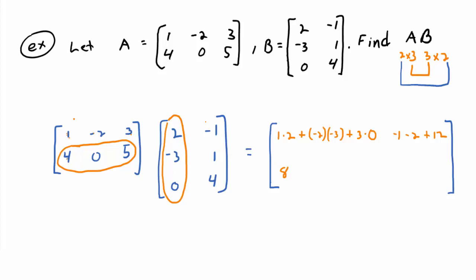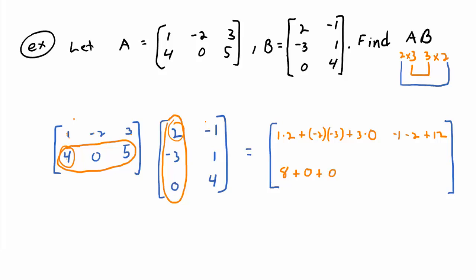Everybody see where that's coming from? This 4 right here times this 2. What's the next one? Plus 0 times -3 is 0. Plus 5 times 0 is 0.